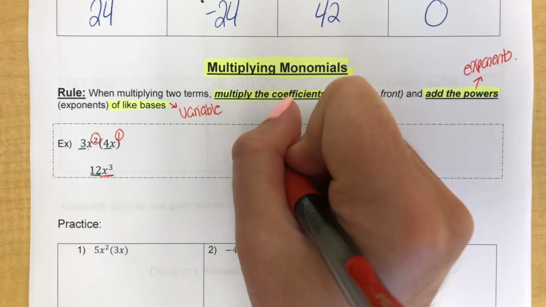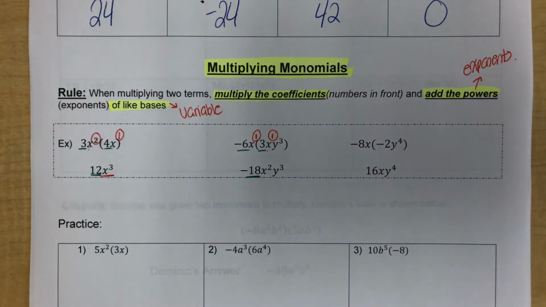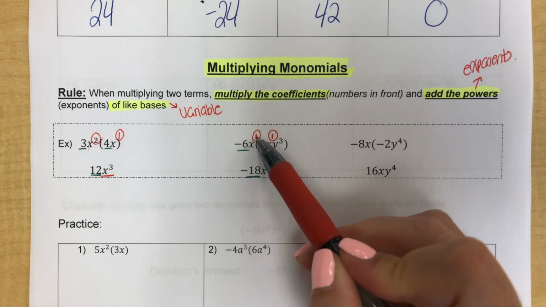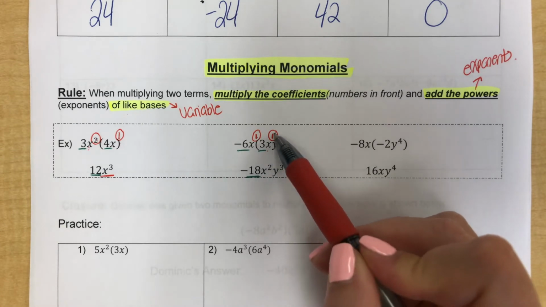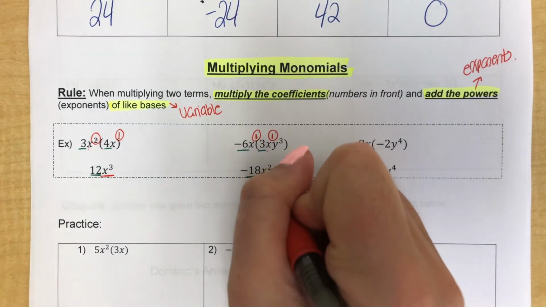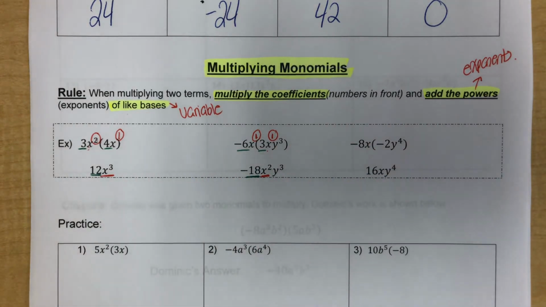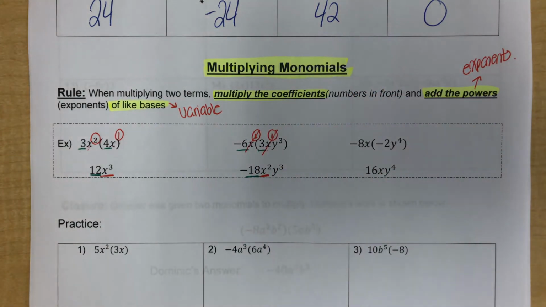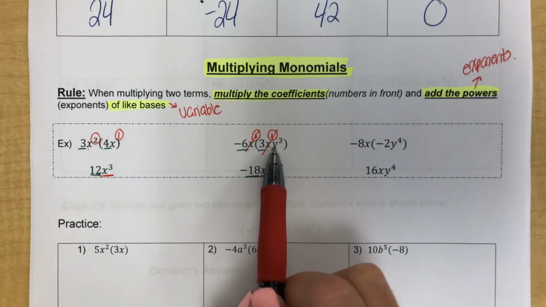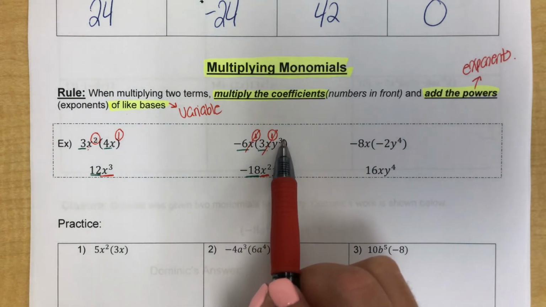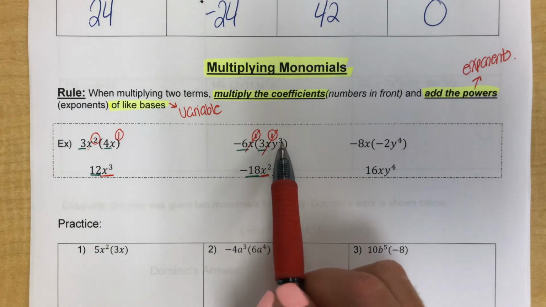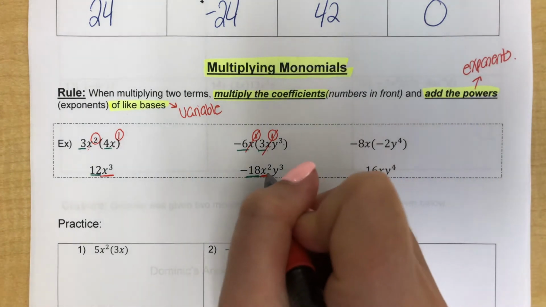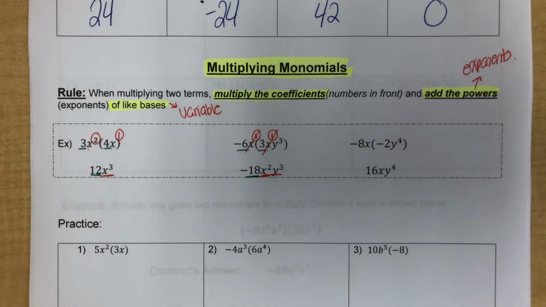So I'm going to combine these exponents together. X to the first times x to the first is x to the second. Okay. Now that I multiplied those x's together, I'm just going to cross them out so I don't get confused. Because I see there's more than one variable, I also have a y. Well, y to the third doesn't really pair with anything, so I'm just going to bring it down, and then I'm done with that question.